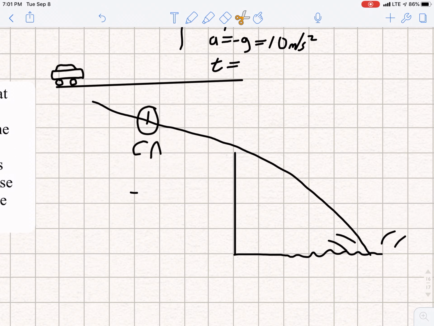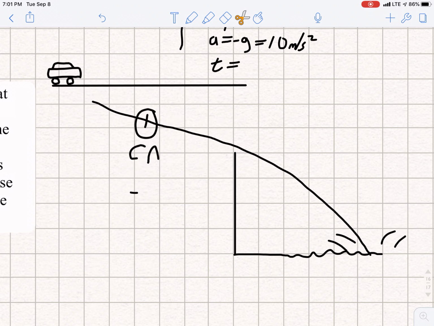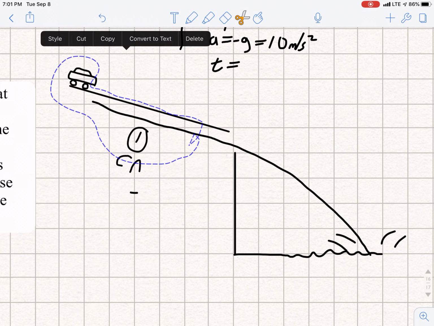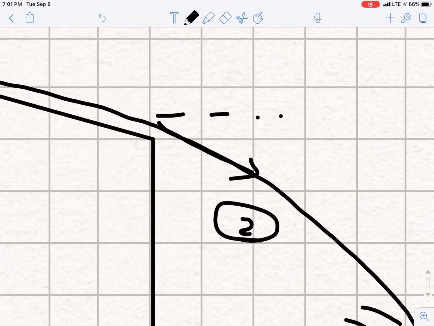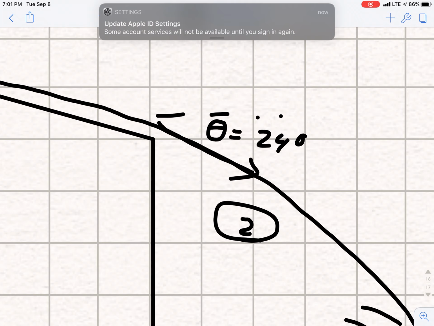So we're treating it as though it were a car starting from rest on a horizontal incline. Part 2 is the projectile motion problem, where it's launched at an angle, and that angle is the same angle as the incline that we're told, 24 degrees.